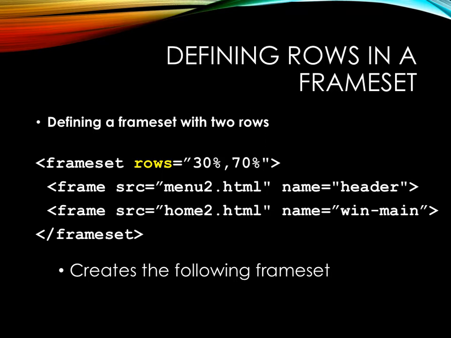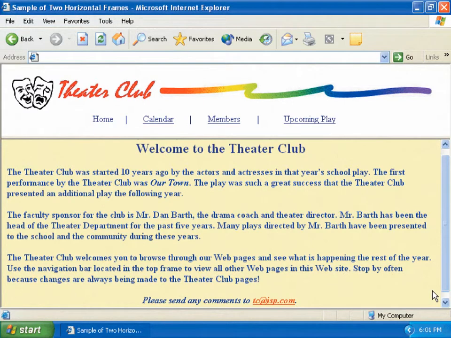Now, I know I showed you the rows attribute and the columns attribute on the previous few slides, but just to reiterate, when we have rows inside of that frame set tag, that's going to break up our frame or that column or whatever we're trying to break up into 2 rows. So you'll see that on the next slide. You can see here that this is broken up into 2 rows. We have 30% up here and 70% down here.